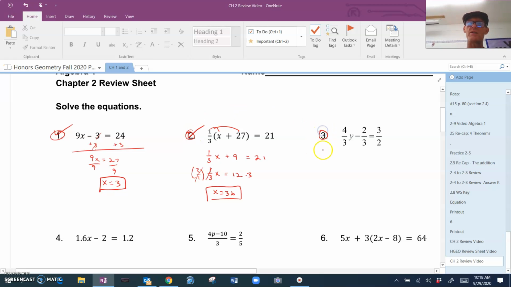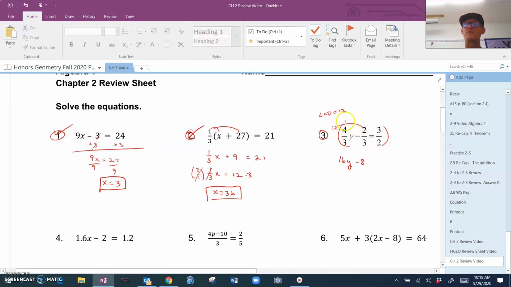Number 3 is a fraction problem, and the LCD for this is 12. So I'm going to multiply everything by 12, and I get 12 times 4, which is 48, divided by 3, which is 16. So this is 16y. And you're going to get 12 times 2, which is 24, divided by 3, which is 8.